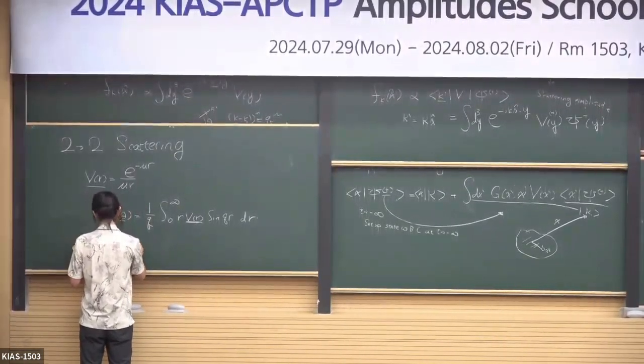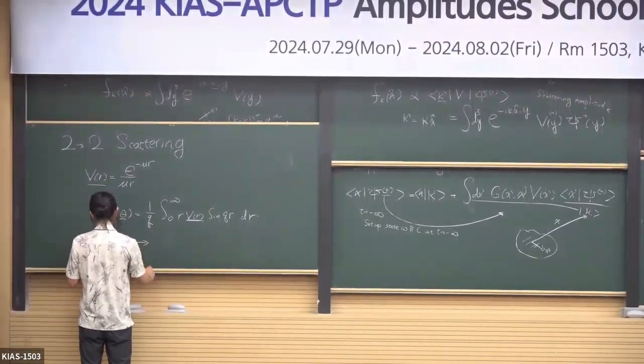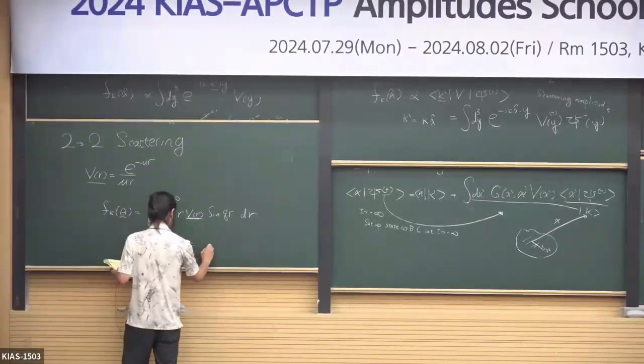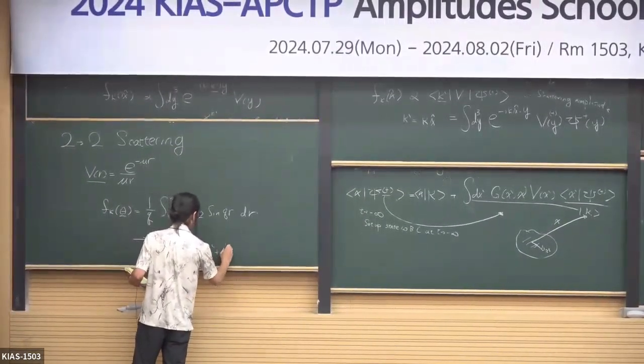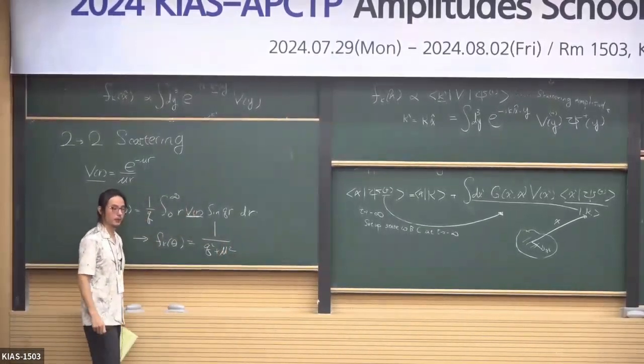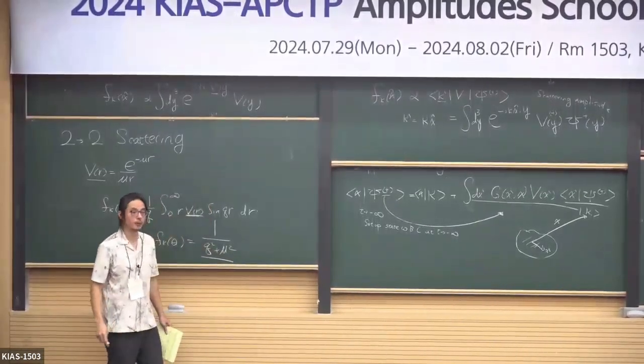And in the end, with V(r) substituted by the Yukawa potential, you'll get that your V(k, theta) is simply 1 over q squared plus mu squared. Okay? So for those of you who are familiar with quantum field theory, you see that this is actually just a propagator.